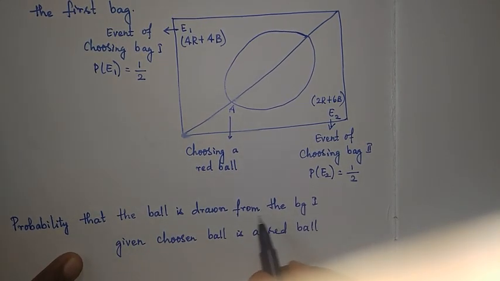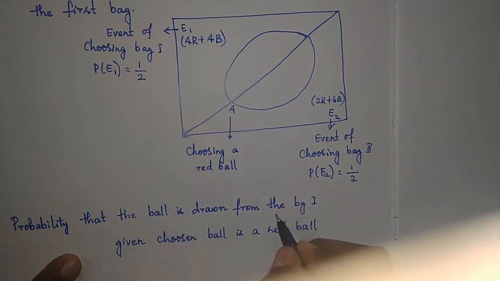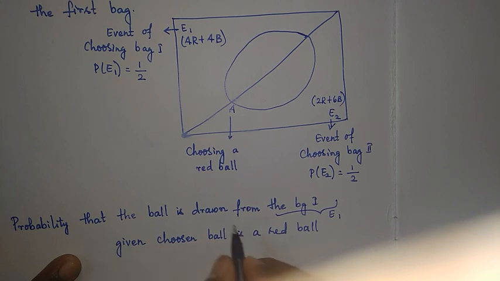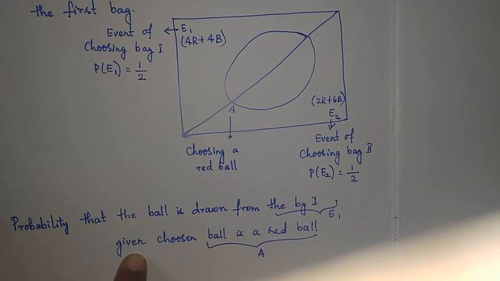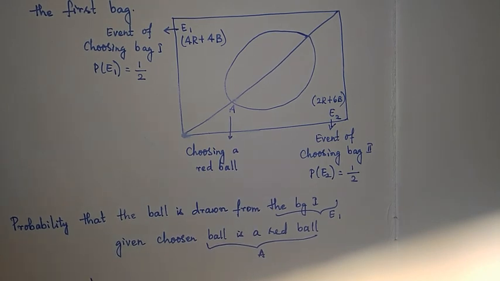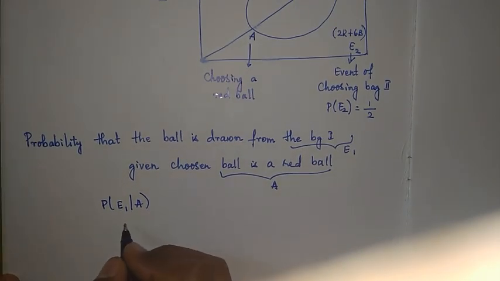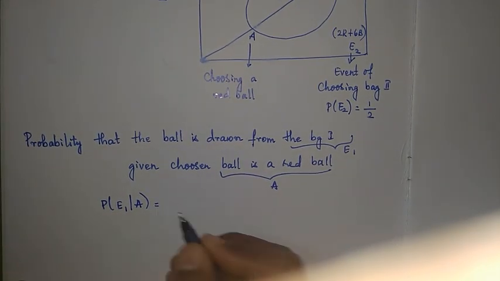The event of drawing a ball from bag 1 we have taken as the event E1, and choosing a red ball is denoted by the event A, and we have the condition given. So it is a conditional probability that represents E1 given A. So we have to find P of E1 given A.